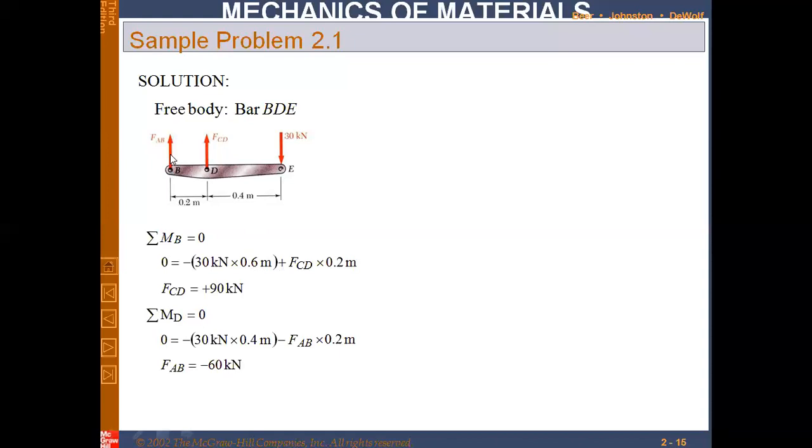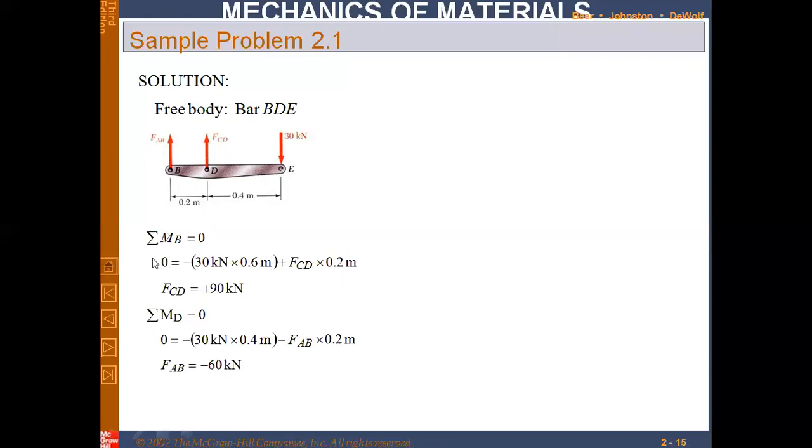This force FAB is not producing any moment, because it is passing through the point of rotation. The perpendicular distance is 0, so if we multiply FAB by 0 we get 0. So there is no need to take it into consideration.